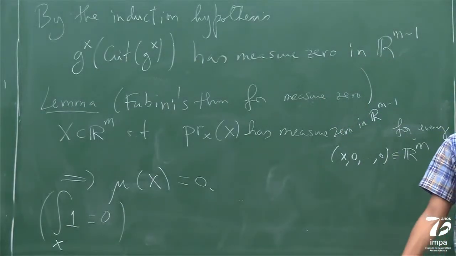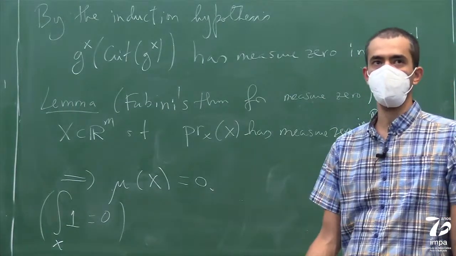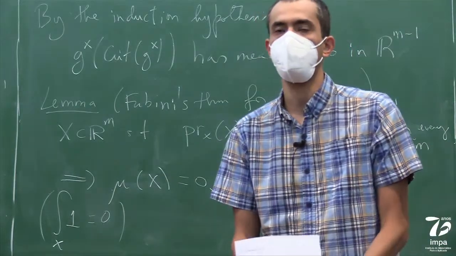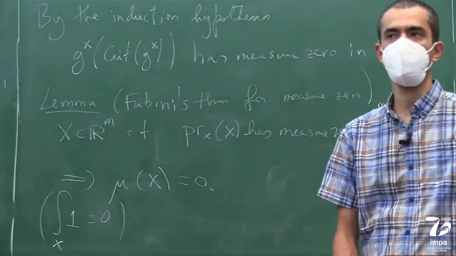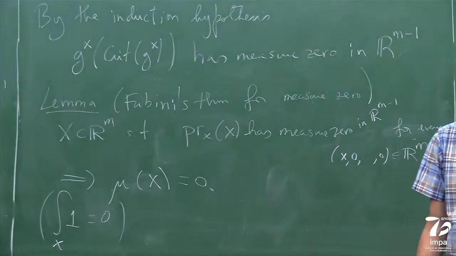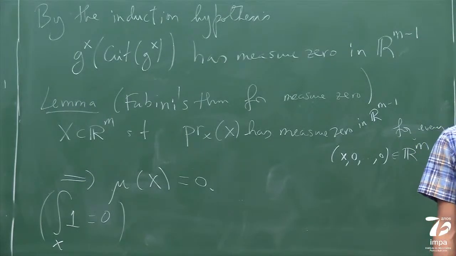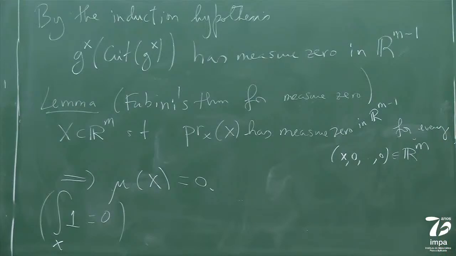If you want, you can look at this theorem in a measure theory book, or anywhere you see the proof of Sard's theorem. Maybe they prove this too. If you haven't seen this before, it's actually a very nice exercise in volumes of cubes and this kind of stuff that we've done.